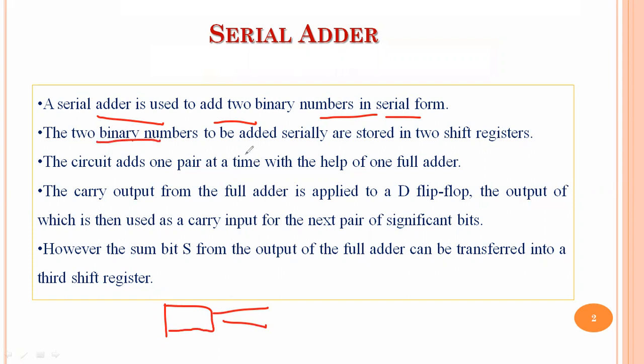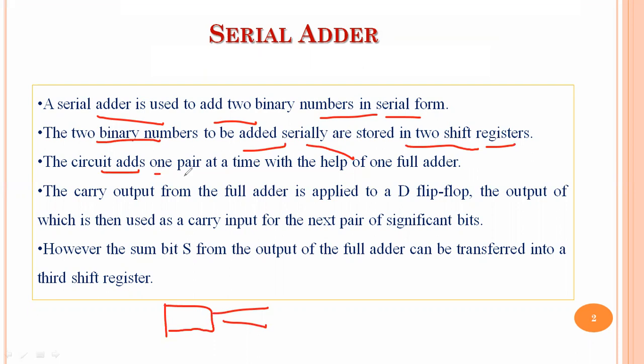The two binary numbers to be added serially are stored in two shift registers, and they will be added serially and their results will be stored in the shift registers.